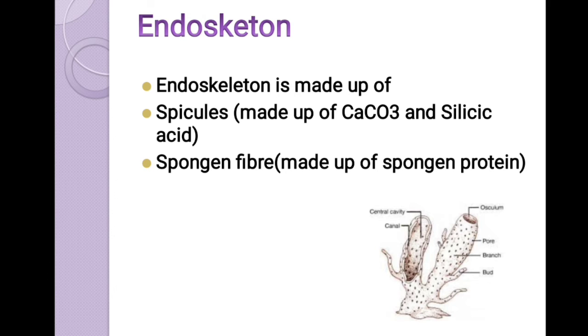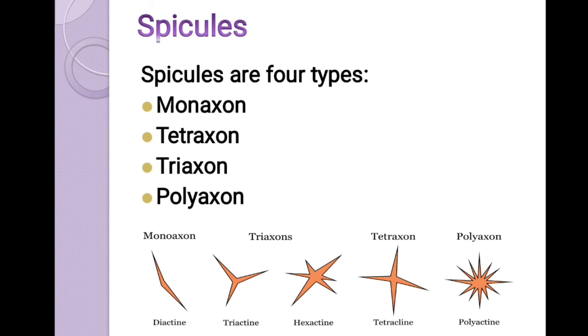So, depending on this endoskeleton, the phylum Porifera is classified. The spicules are of four types: monaxon, tetraxon, triaxon, and polyaxon.